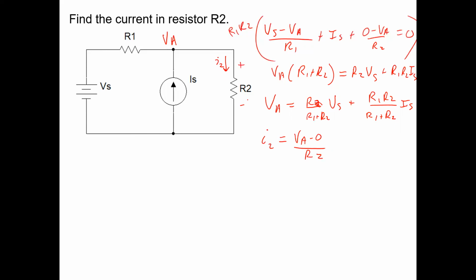Because when you label that node, here is Va. So the final result, dividing by R2, is that I2 equals Vs over (R1 plus R2) plus R1 over (R1 plus R2) times Is.